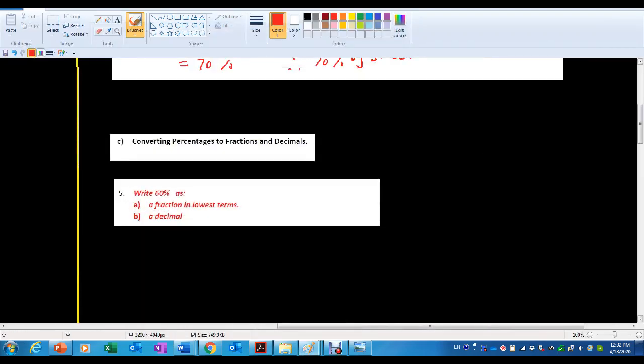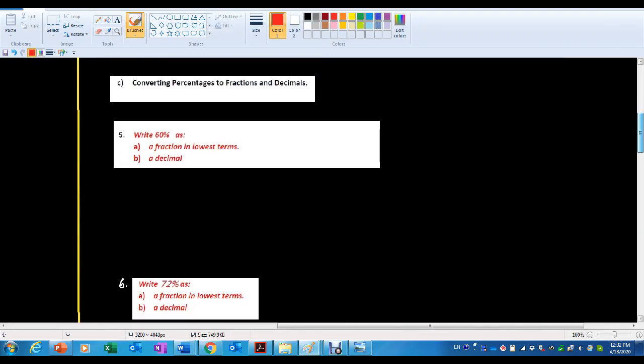Okay, let's see. Write 60% as a fraction in lowest form, converting percentage to fraction and decimal. We've learned how to convert percentages into fractions, but we haven't learned how to convert them into decimals, right? For A, how could we convert that to a fraction in the lowest form? You might want to write 60 over 100, that's up to you.